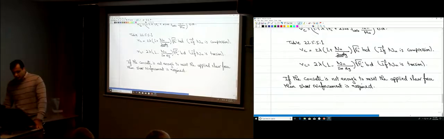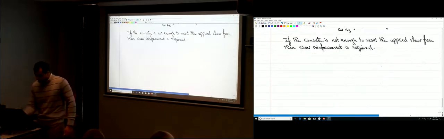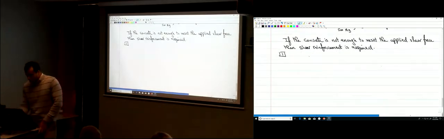How can you provide shear reinforcement? We can have three types of reinforcements. You can use whatever you want.